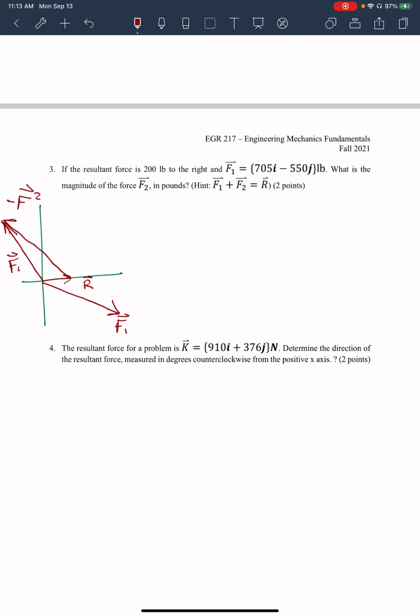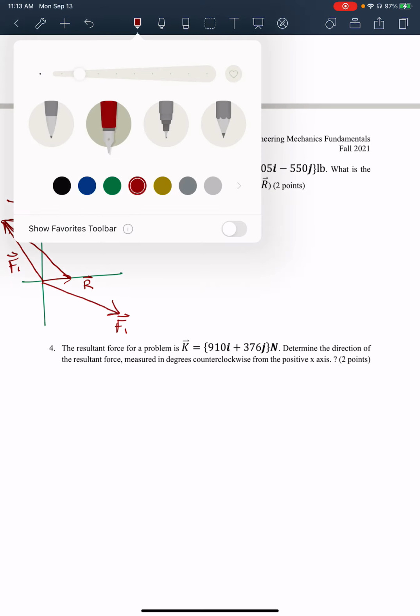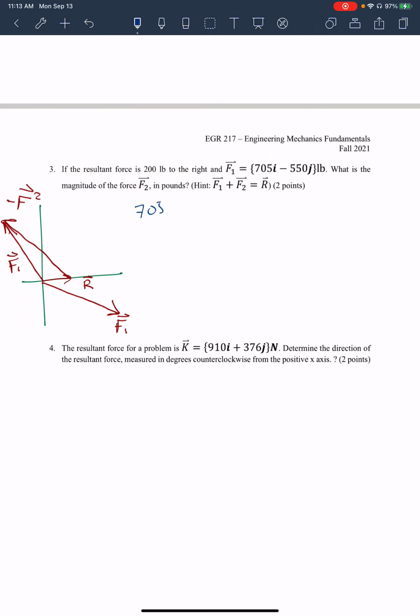If we do the component version, F1 is 705i minus 550j plus F2 in the x direction, i, plus F2 in the y direction, j, and that equals R. We need to write R in i and j, which would just be 200i and then 0j, because we know it's to the right, 200.